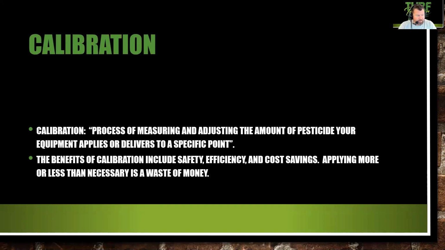When are some other times that we would want to calibrate our equipment? In the middle of the day. Why is that, Mr. Price? After lunch, you're slowed down, somewhere you've been eating too much. That's right. They say the average applicator walks around 2 to 3 miles an hour. We might be full speed at 8 o'clock in the morning, walking 3 miles an hour.